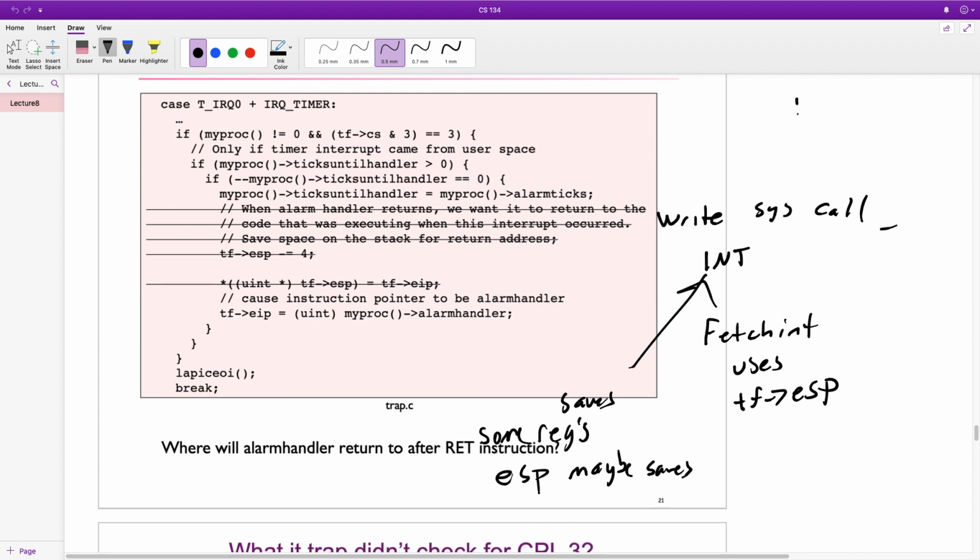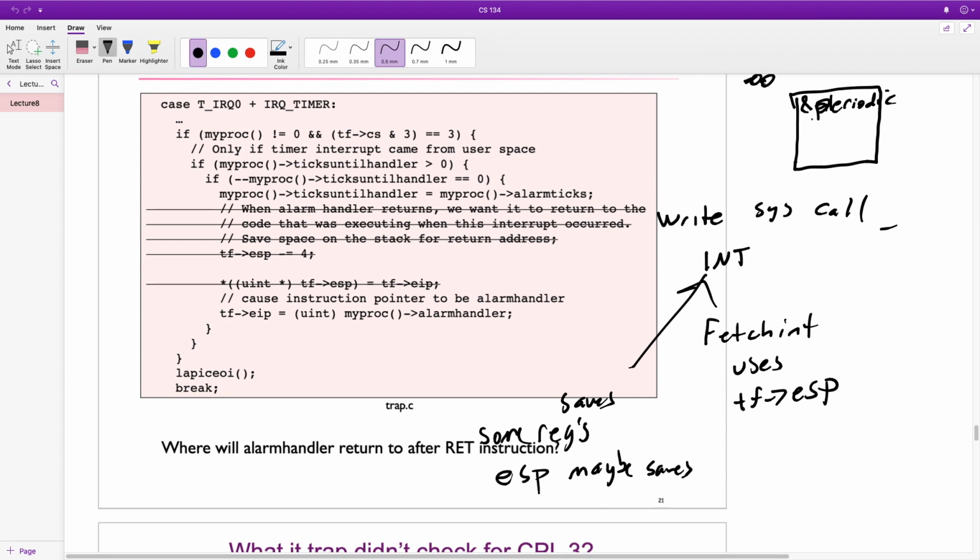So if your stack is here, and we've got the address of the alarm handler, so the address of periodic on the top of stack. So in this case, let's see, 0 is up here. Sorry. Yes, so top of stack is most negative.